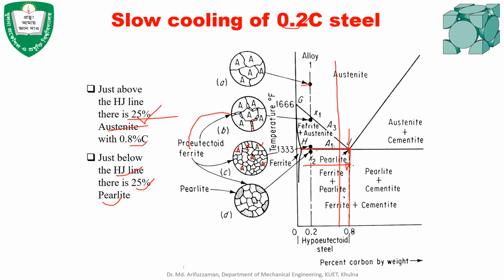That means there was an austenite grain that has been converted into pearlite, there was another austenite grain that has been converted into pearlite, and the ferrite that was produced before the eutectoid reaction will remain the same. The only change will occur in the austenite grains.